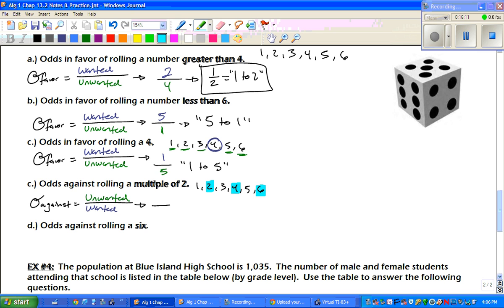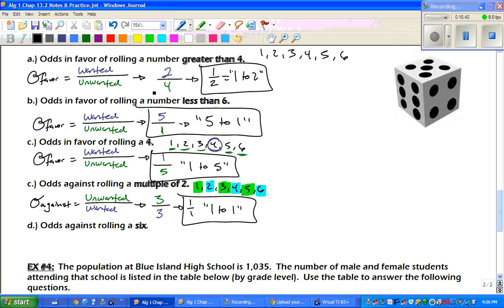Well, the multiples of 2 are 2, 4, and 6, but I want the odds against that. So against it would be the odd numbers. And there are 3 chances for it, and there are 3 chances against it. So if we were to reduce that, it's 1 over 1 or 1-to-1 odds. Okay?